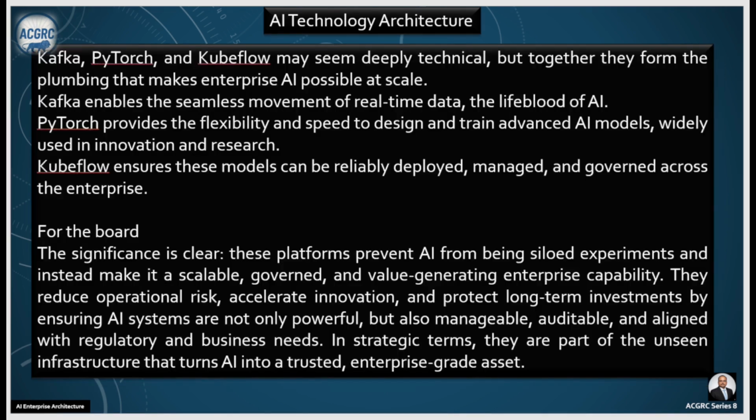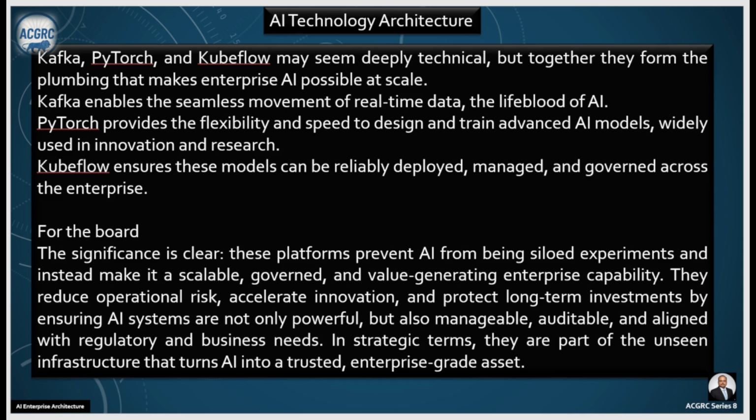Now, Kafka, PyTorch, Kubeflow may seem deeply technical, but together they form the plumbing that makes enterprise AI possible at scale. Kafka enables the seamless movement of real time data, which is the lifeblood of AI.